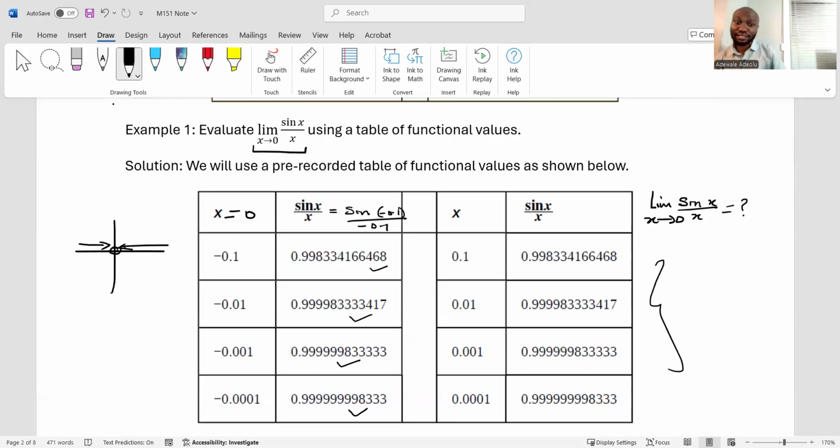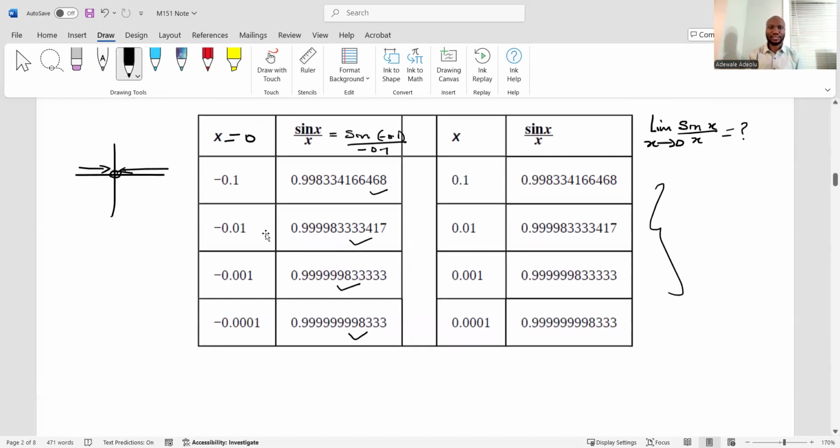Now, one thing that is just computation, but there is an important thing that we observe. If you look at our results in this column, as we get closer and closer and closer to zero on this side, we will see that there is a pattern that we have.